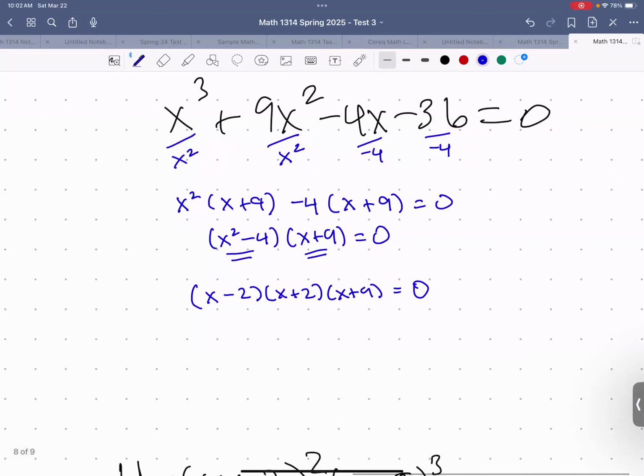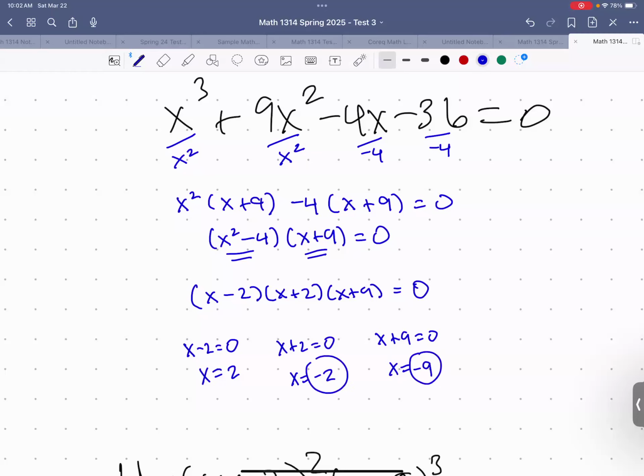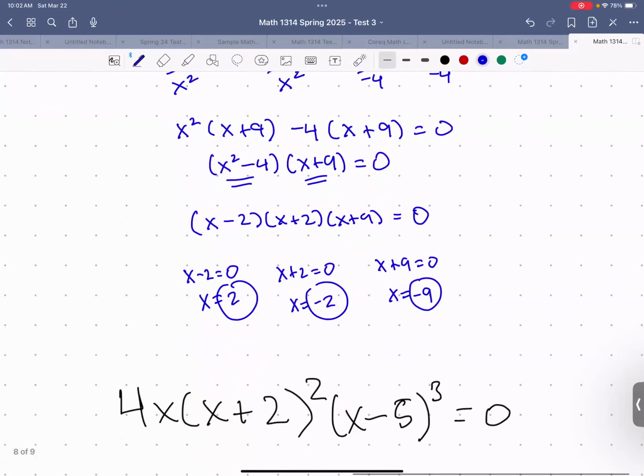Now all of my factors are linear factors. They're all going to give me a solution. So I would take them and set them equal to 0. This one gives me 2. The next one is going to give me negative 2. And then we will get negative 9. So those are our 3 solutions to this particular problem.